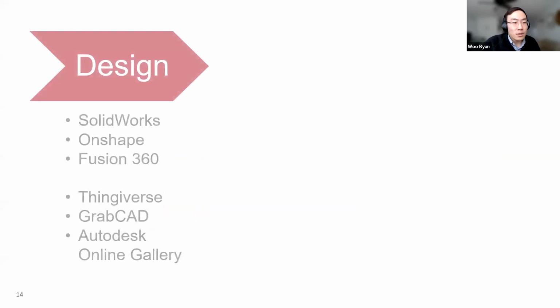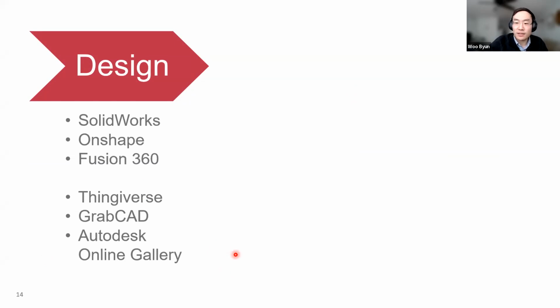So just very quickly, and I think this will be a good reference if you've never used these programs before. But to design it, I prefer Solidworks, but you have to pay for it or have school access to it, so it's a little bit expensive. And there's a bunch of other ones that you can use, but I do want to emphasize these down here. So these are libraries where you can download pre-made designs.